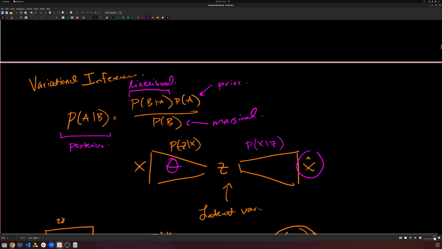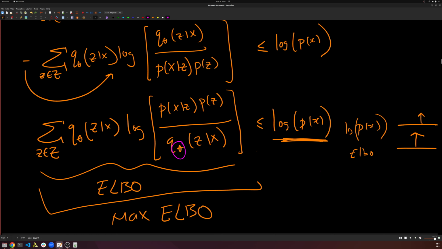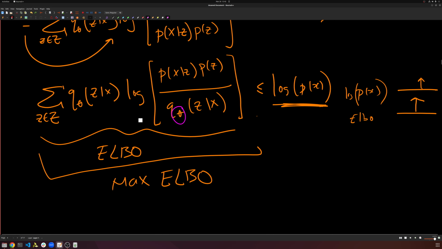This is also a neural network, so why not just parameterize it by some parameters phi? So this denominator is effectively our encoder, and our numerator, this expression here, is our decoder. That's basically where our neural network falls.